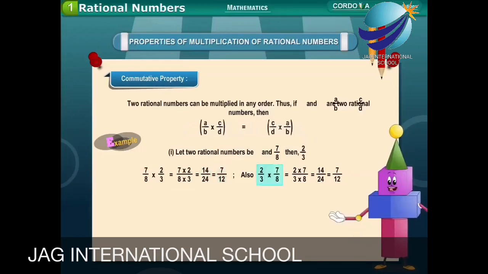Also, 2 upon 3 into 7 upon 8 is equal to 2 into 7 upon 3 into 8, which is equal to 14 upon 24, which is equal to 7 upon 12. Hence, 7 upon 8 into 2 upon 3 is equal to 2 upon 3 into 7 upon 8.